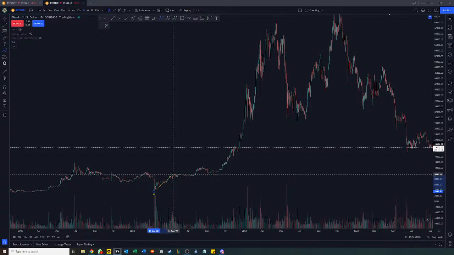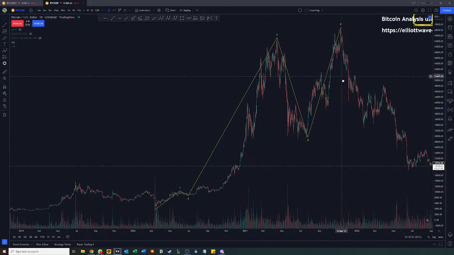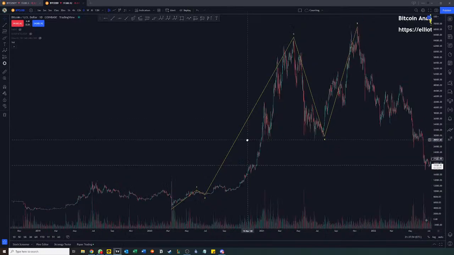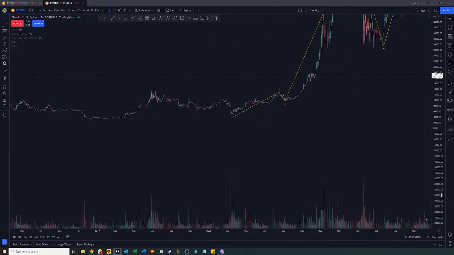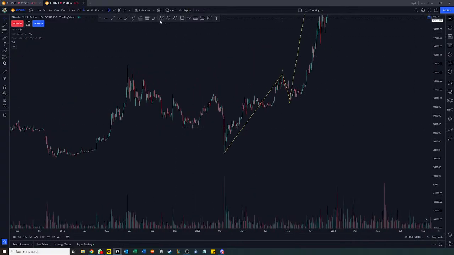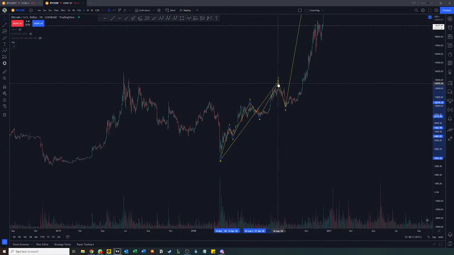It could be, one way to count this is as 1, 2, and a 3, 4, 5, and here actually 1, 2 is here. So I consider this as a 1, 2, 3 triangle, or it's an ABC actually. 1, 2, 3, 4, 5. So that becomes one wave.